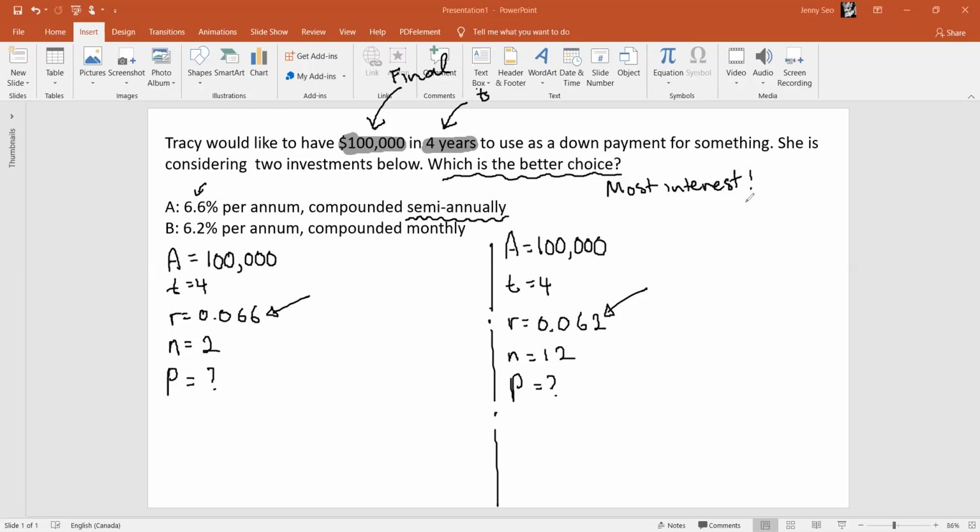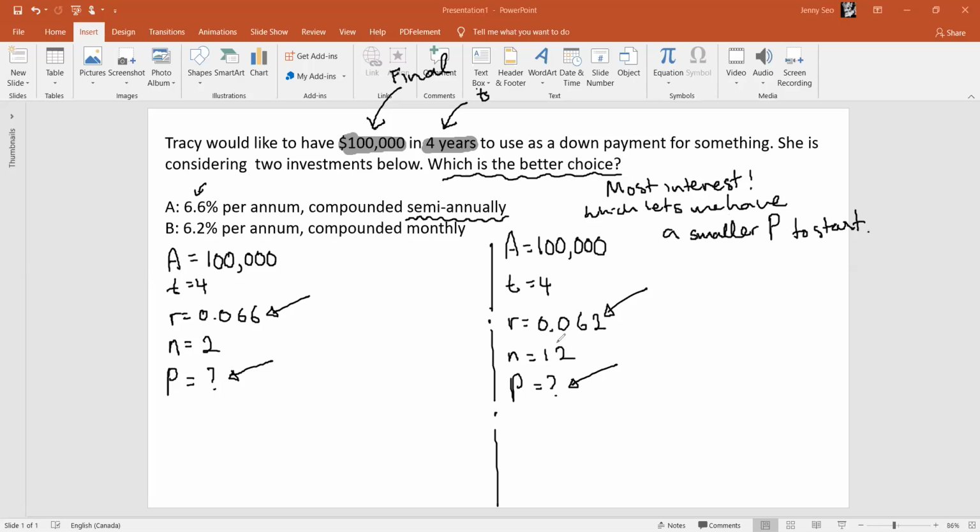In other words, if I collect the most interest, that means I don't have to start with as large of a number. So this question, when it says which is the better choice, what I'm looking for is which lets me have a smaller principal to start. That would be the better choice.